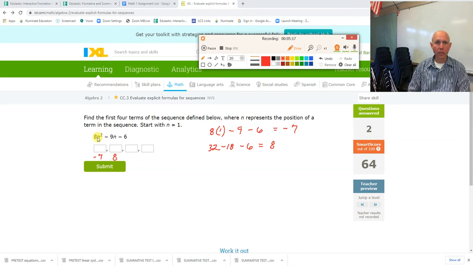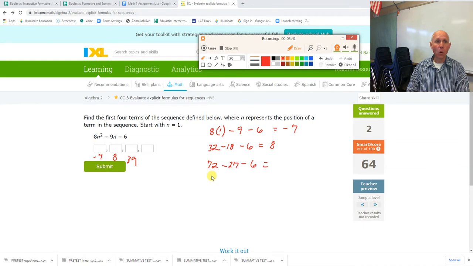Plugging in a 3. 3 squared is 9 times 8 is 72. 3 times negative 9 is negative 27, minus 6. 39. And I don't see any kind of a pattern forming here that I can recognize easily.